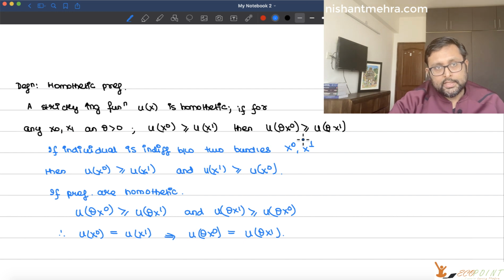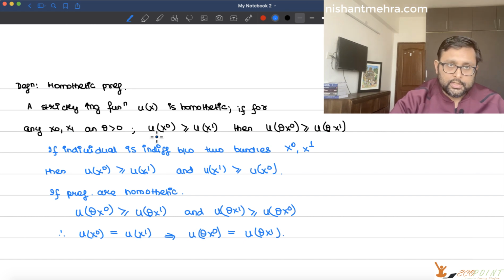You can prove by a similar argument, if u of x0 is strictly greater than u of x1, then u of theta x0 is also strictly greater than u of theta x1 if preferences are homothetic. And combining the two, if u of x0 is greater than or equal to u of x1, then u of theta x0 is also greater than or equal to u of theta x1.